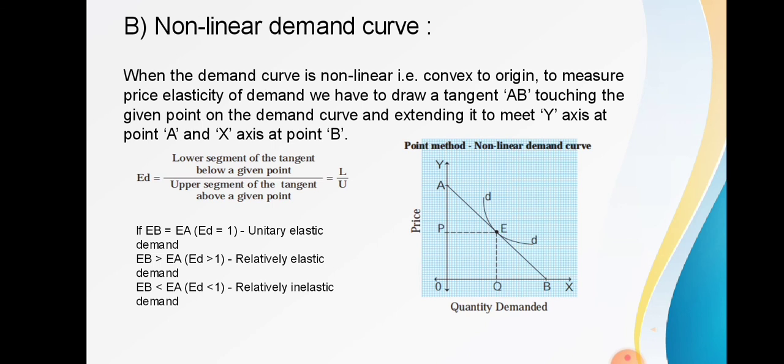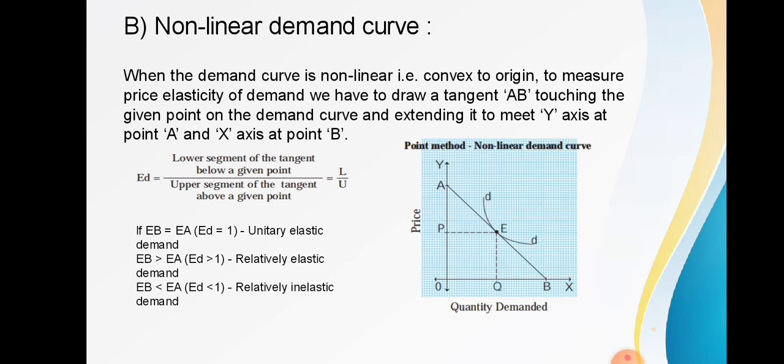Here similarly we can apply the formula: the elasticity of demand is equal to the lower segment of the tangent below a given point, that is L, divided by the upper segment of the tangent above the given point, that is U. So in the case of the non-linear demand curve also, we can find the elasticity of demand by applying the formula L upon U, where L is the lower segment and U is the upper segment.